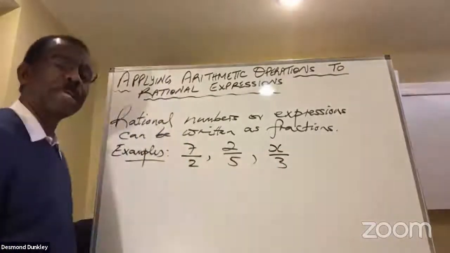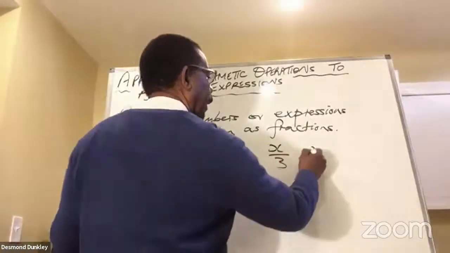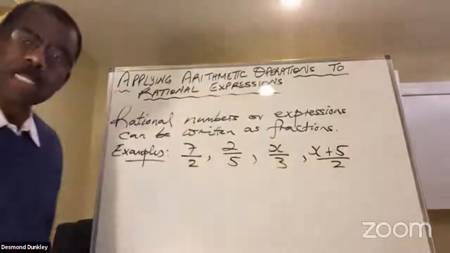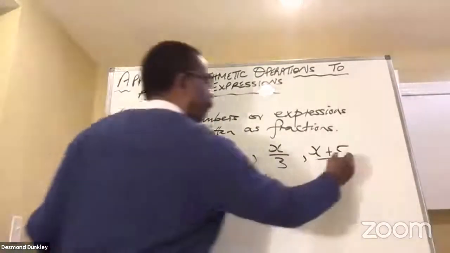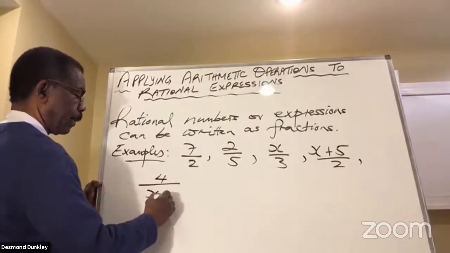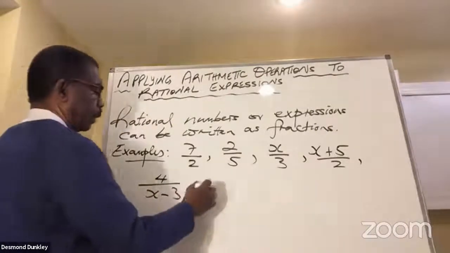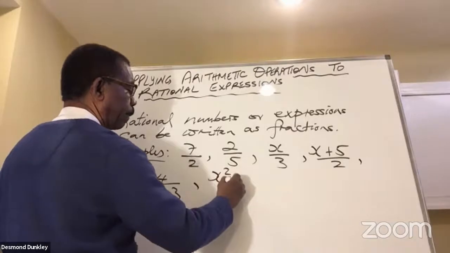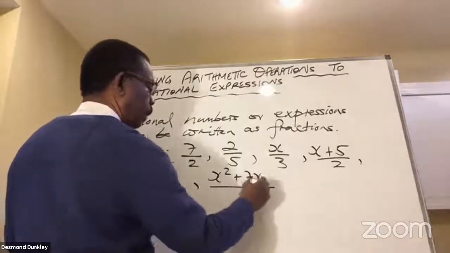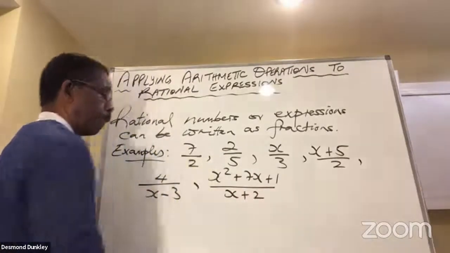x/3. That's a rational expression because you have a variable. x plus 5 over 2, that's another rational expression. 4 over x minus 3, there's another rational expression. x squared plus 7x over, plus 1 over x plus 2.